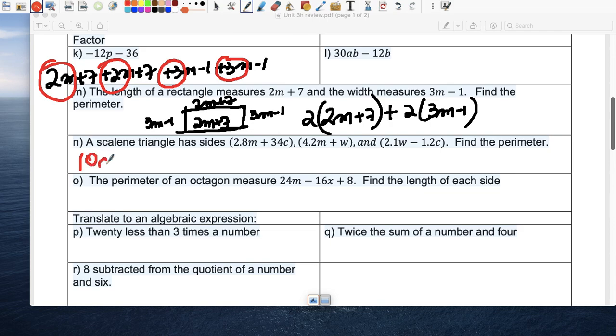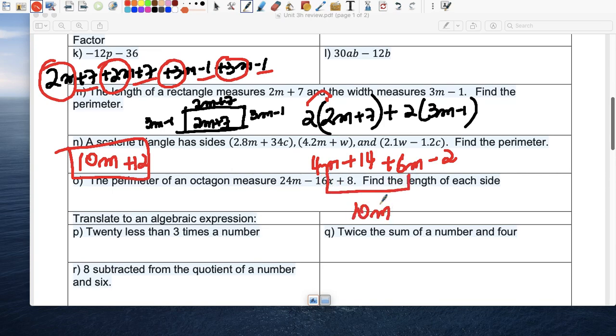That's 10 m's altogether. The constants, we have 7 plus 7 minus 1 and minus 1, so 7 plus 7 is 14, minus 2 gives you positive 12. So that could actually be the shorter way, because if you did it the other way properly, you get 4m plus 14 plus 6m minus 2. Then you combine the like terms, you get 10m. Combine these two, you get plus 12. Whichever one makes you happy.